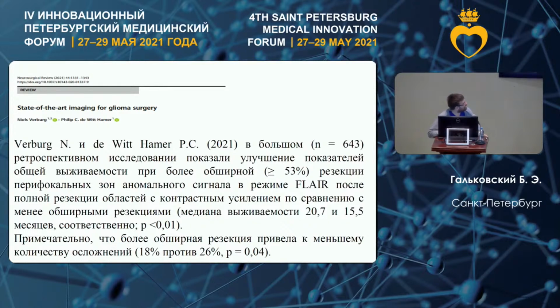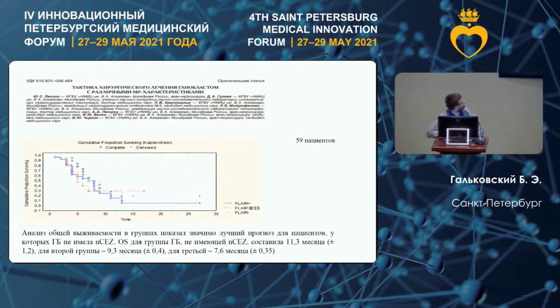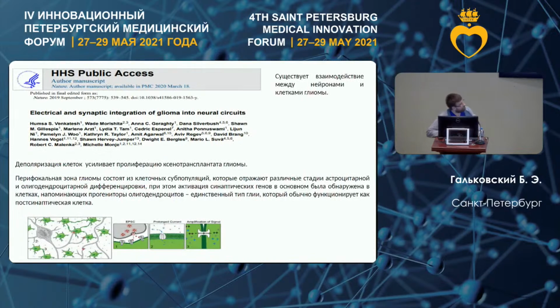The result is that in that case, there are fewer complications, and the patient survival is one third higher than in smaller volume of resection. The obtained results coincided with the results of our colleagues of Burdenko Institute. They had a selection of 59 patients, and glioblastoma without contrast non-accumulating zones has a better prognosis than the glioblastomas with such zones that do not accumulate contrast.